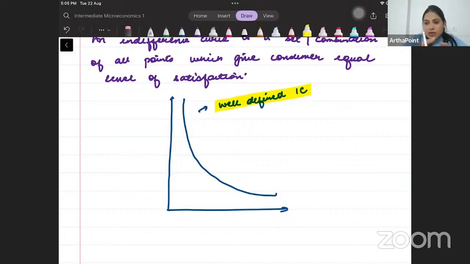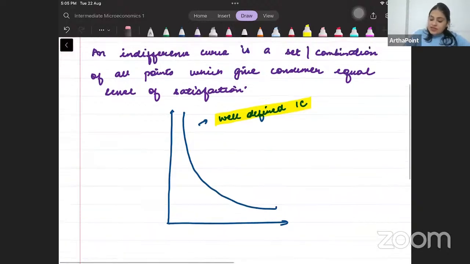We already did 2 properties, which are completeness and transitivity. I will do other properties today, but you have to understand that anything satisfying all the properties is known as a well-defined indifference curve.